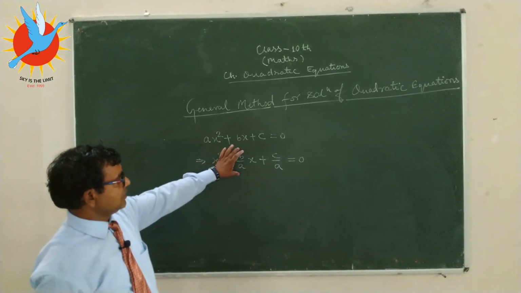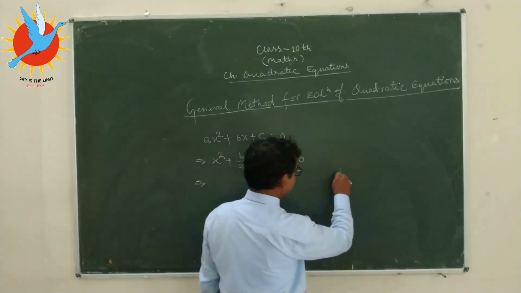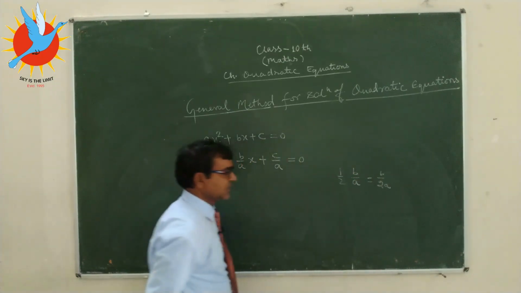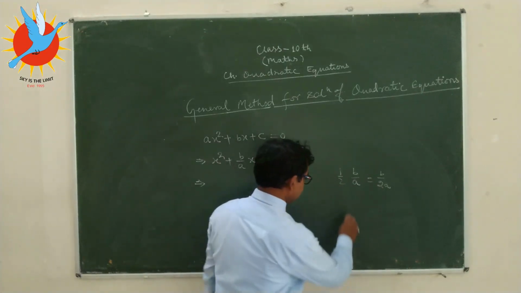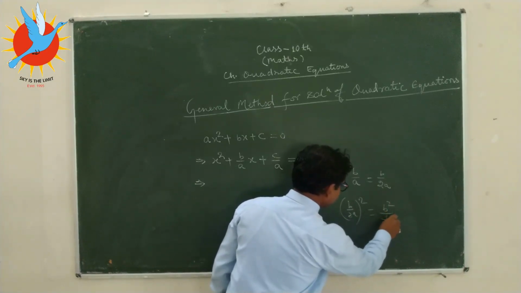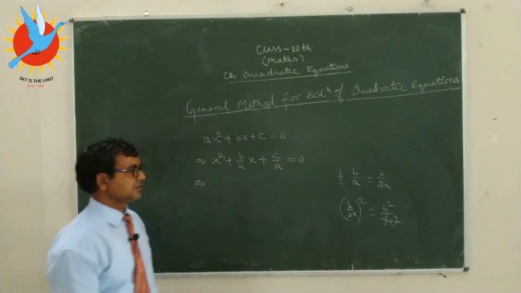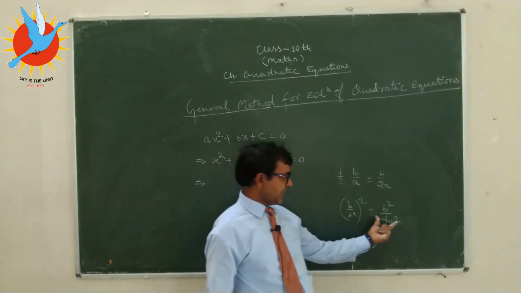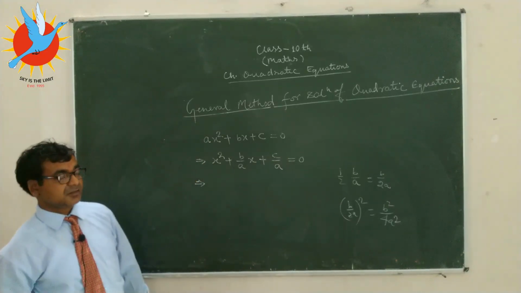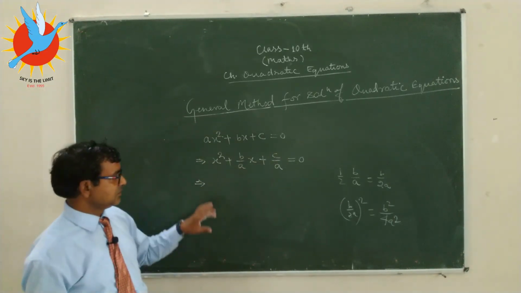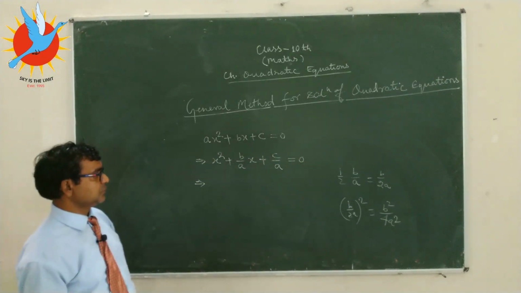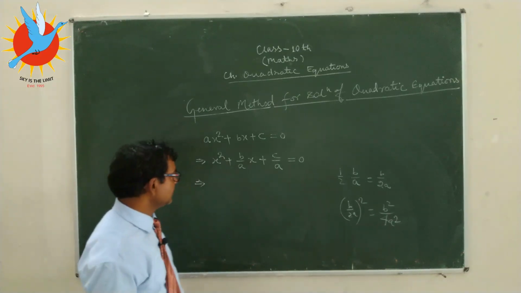We have to take half of this, meaning half of b by a equal to b by 2a. And if you take the square of this, b by 2a whole square, this will become b square by 4a square. If we add and subtract this in this quadratic polynomial, it can be converted into a whole square form.